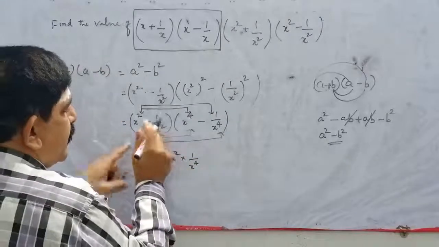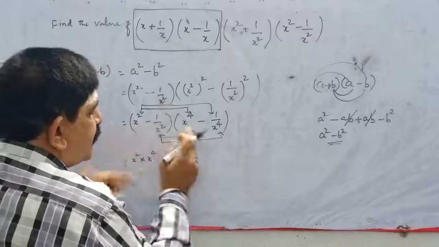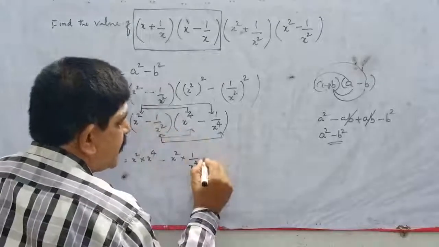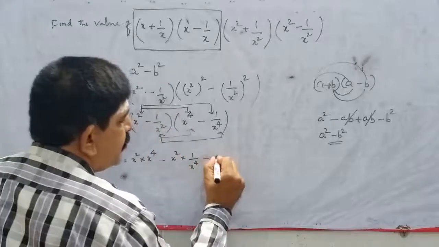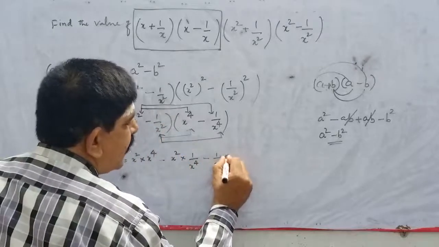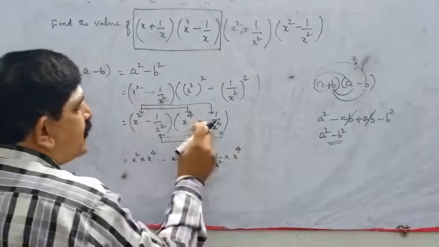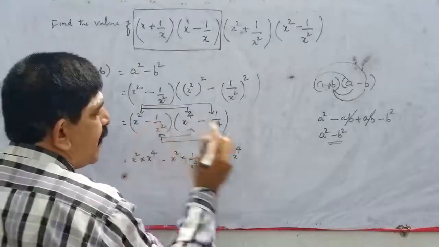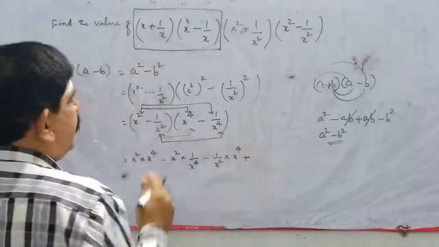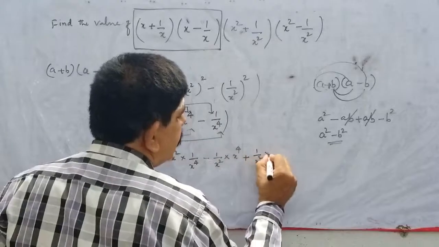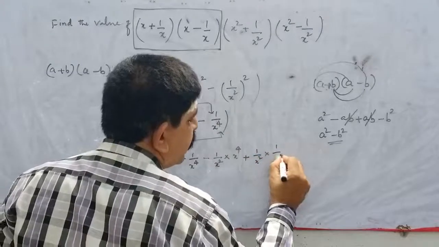Next, second term to first term, here the symbol minus into plus, minus: 1 by x square into x to the power of 4. Minus into minus, second term to second term, plus: 1 by x square into 1 by x to the power of 4.